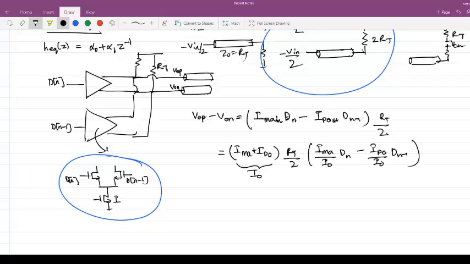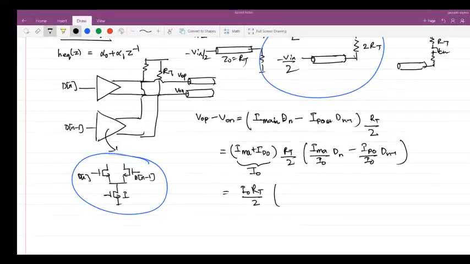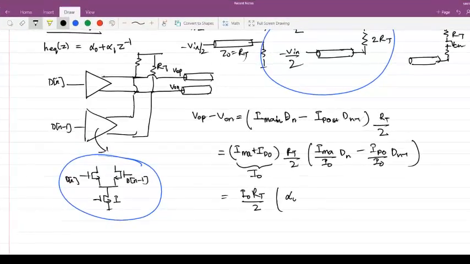I naught into RT by 2 is the maximum swing. So I naught into RT by 2, and I main by I naught can be alpha naught Dn minus alpha 1 Dn minus 1.